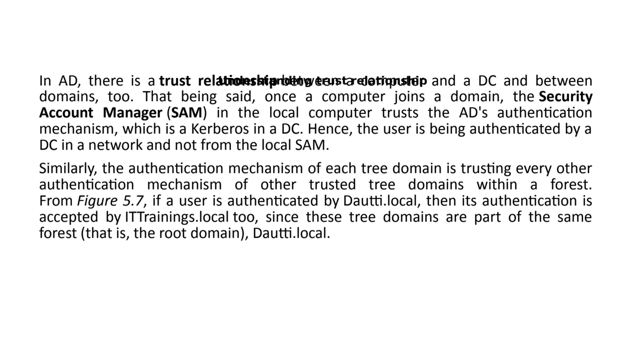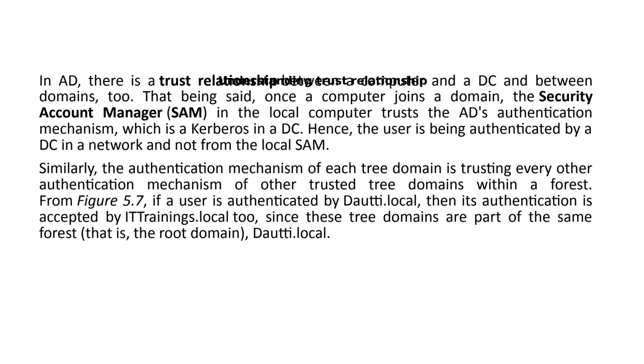When a computer joins a domain, the Security Account Manager, SAM, in the local computer trusts the Active Directory authentication mechanism, which is a key purpose of a DC. Hence, the user is authenticated by a DC in the network and not from the local SAM. If you are not in the network, you just put your username and password.